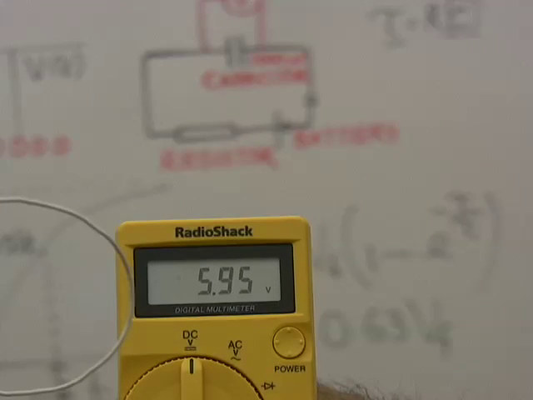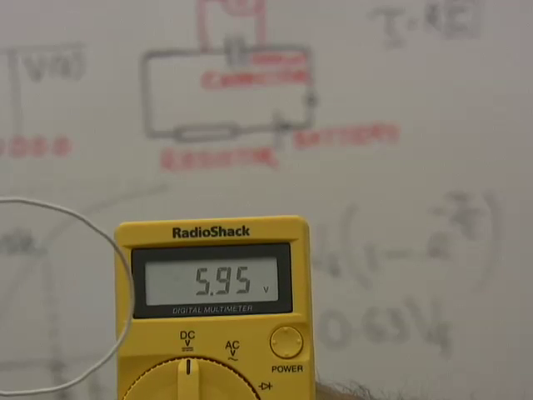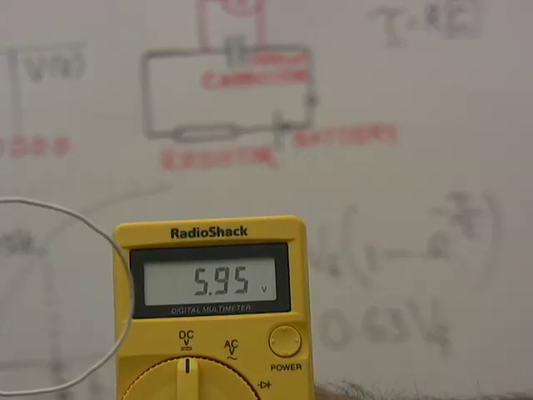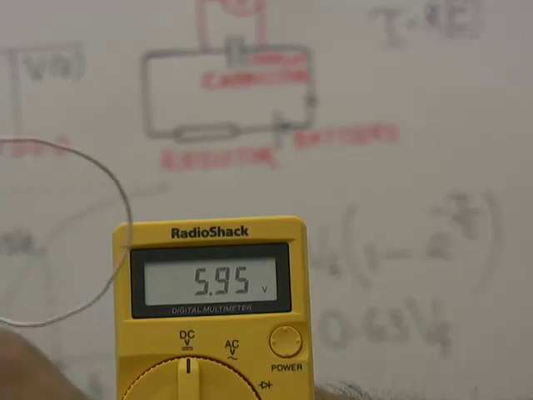All right, now I'm going to discharge the capacitor. So this time you're going to take the readings while the capacitor is being discharged. If you are ready with the clock, when I say go, start your time with 0. And I'm going to turn the switch to discharge.